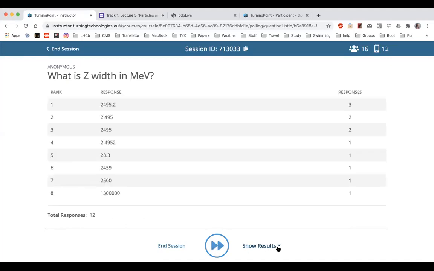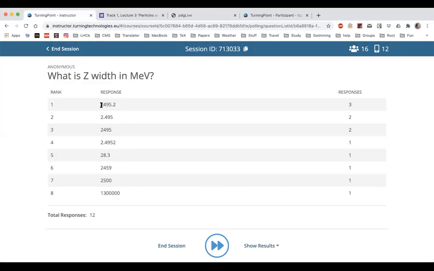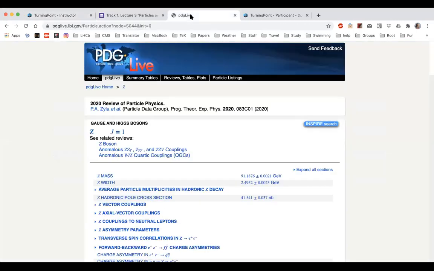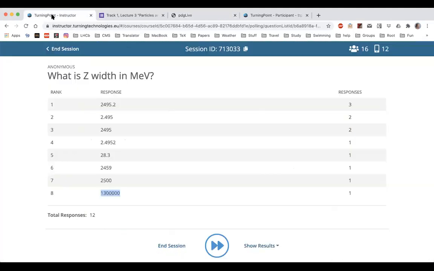I stop it and show results. So now we found it. There is again some confusion in the units because the Z width is reported in GeV. It's about 2.5 GeV, and the question is in MeV, so it should be 2,500. So this time it's very good. The last one I don't really understand where it comes from. There is no such number. Okay, anyway, so you can see that the width is 2,500 MeV.